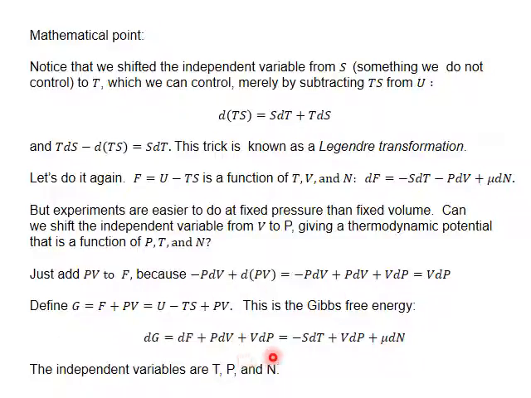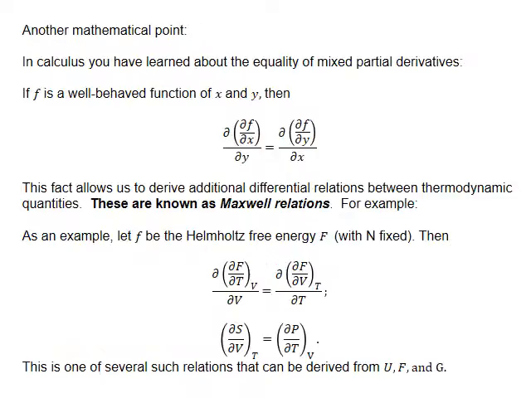But I'll point out now that the independent variables are T, P, and N, and all three of these are what we can easily keep fixed in the laboratory. This is why the Gibbs free energy turns out to be so important in chemistry, and in fact for many of the examples I had at the beginning of the lecture. So that gets us to our fourth free energy. Like I said, I'll be talking about it more next time.